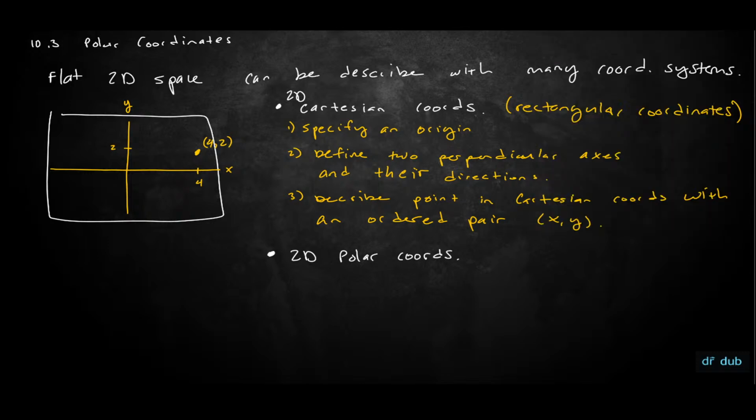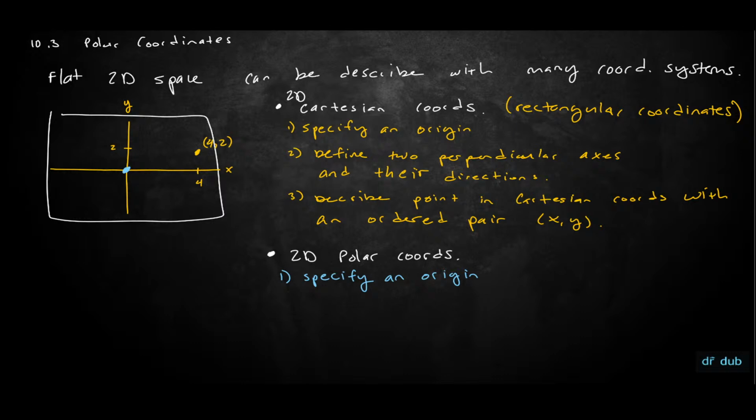To define polar coordinates, we again specify an origin. So we'll say this is the origin. But now we have to do something else.